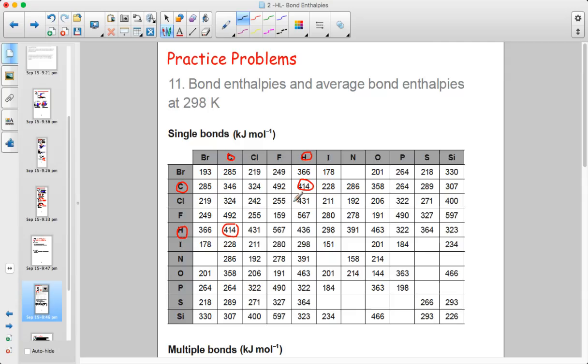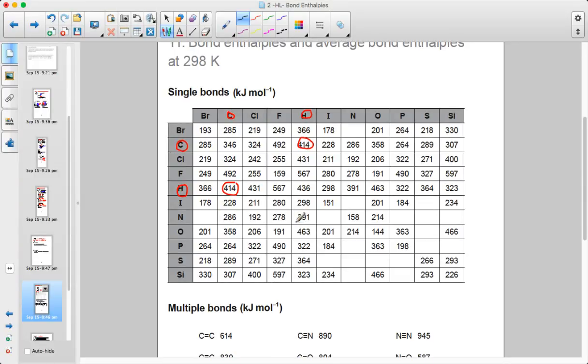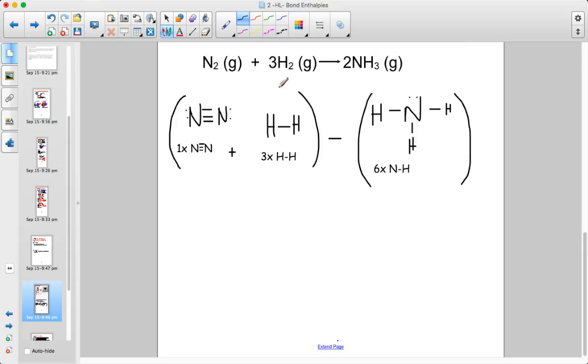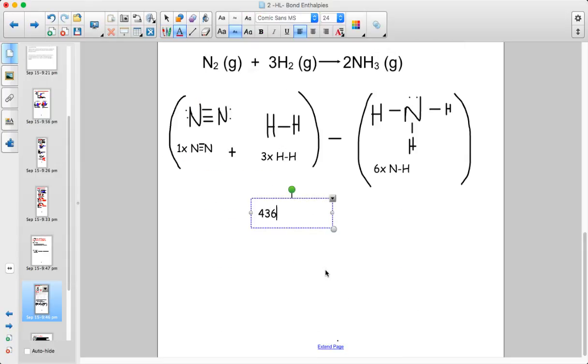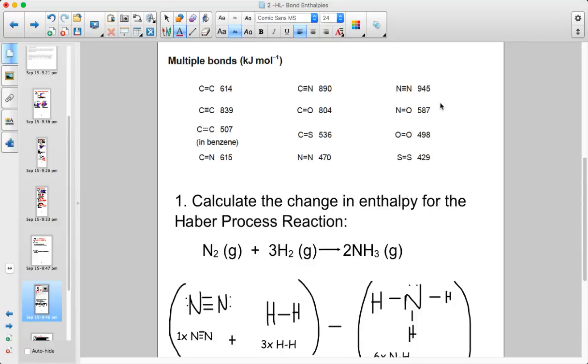And then this is the energy I get back out when I form those bonds. So if I look up in the table above, H to H is 436, and N to H is 391. 436 and 391, and we carry it down here. So 436 times 3. Over here, we got 391 times 6. And if we look up above, the N to N triple bond is 945. Okay?